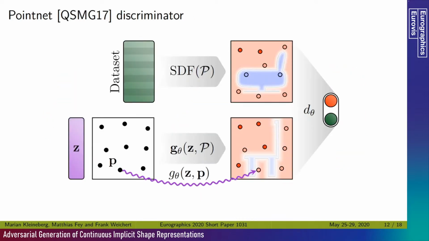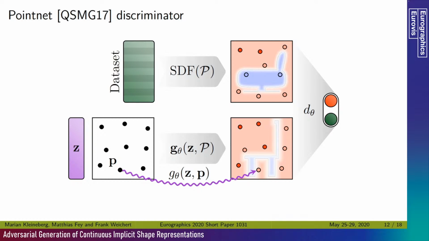The second variant of our GAN uses a PointNet as discriminator. The PointNet is a graph neural network that classifies point clouds. Again, we start with a latent code that is sampled from the normal distribution and a uniformly sampled point cloud. We then pass each point of the point cloud through our deep SDF generator and feed the points as well as the generated SDF values into the discriminator.